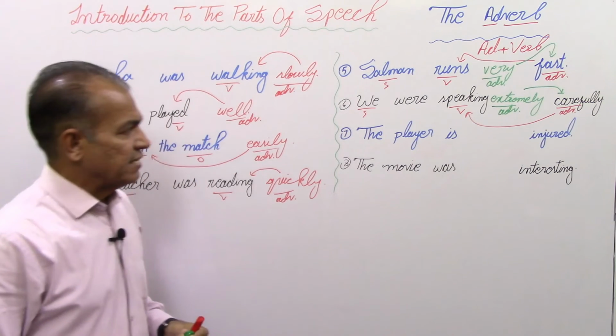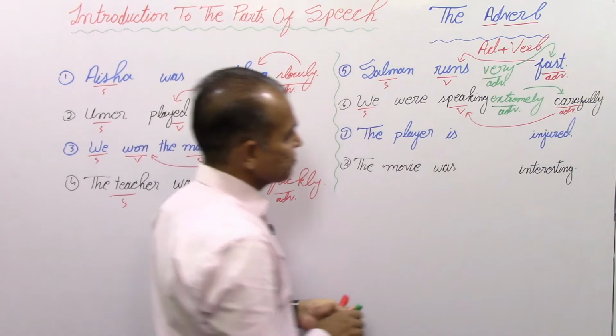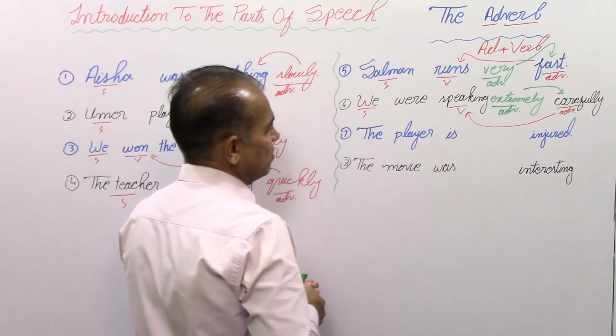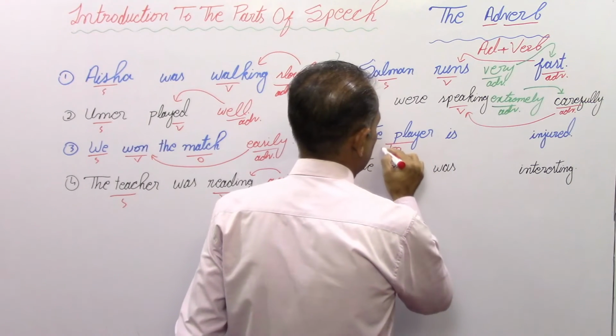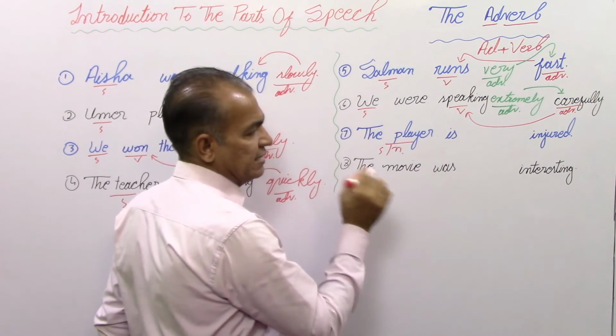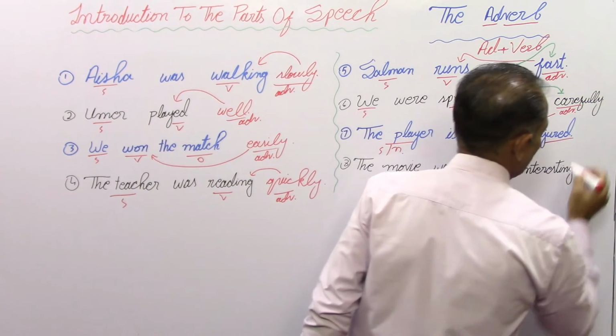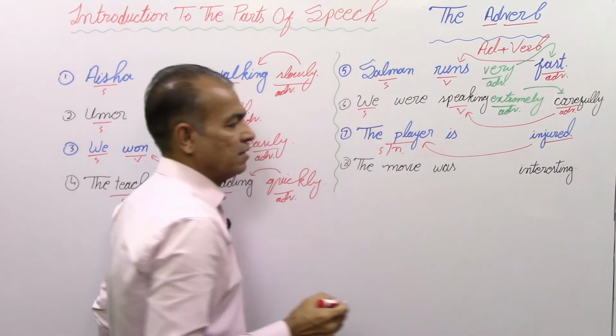The 7th sentence, the player is injured. Okay guys, the player is injured. Now player is a noun and the subject of the sentence as well. Now when we say the player is injured, it means that this word injured is telling something about a noun.